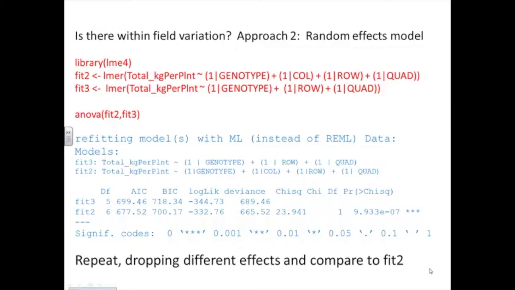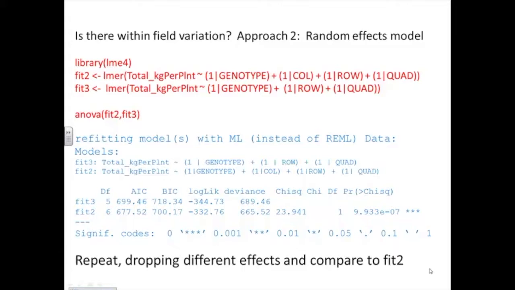Another way to address the same question, is there within field variation, I can use the package lme4. I can write out my model, my completely random model with genotype, column, row, and quadrant. Then I can write out a second model, in this case leaving out column. I can then do the comparison, anova(fit1, fit3).